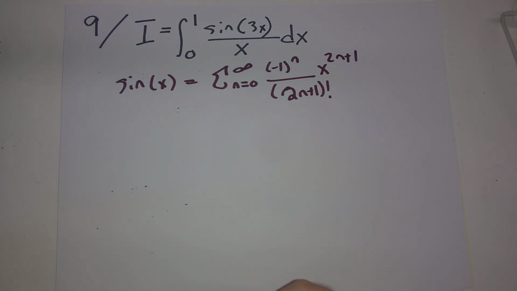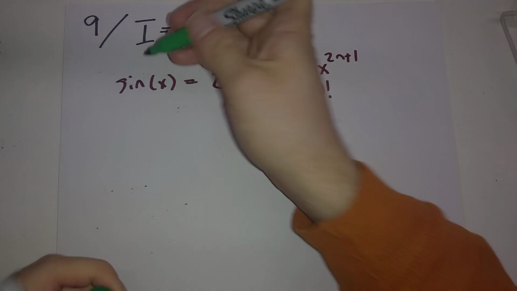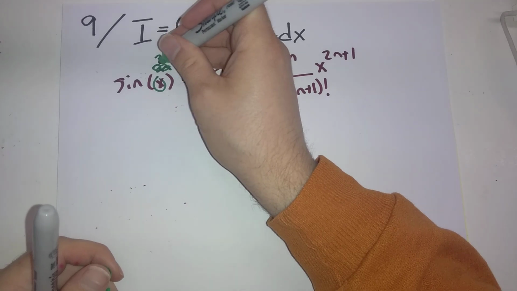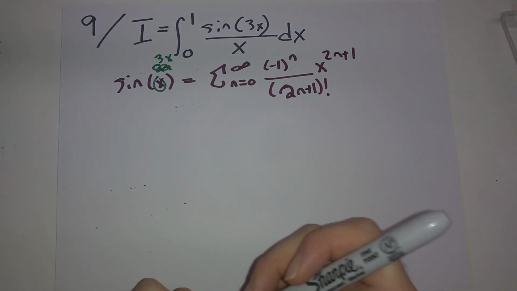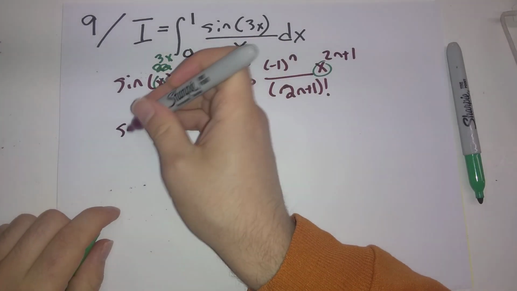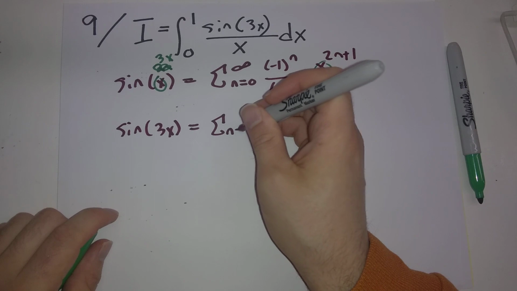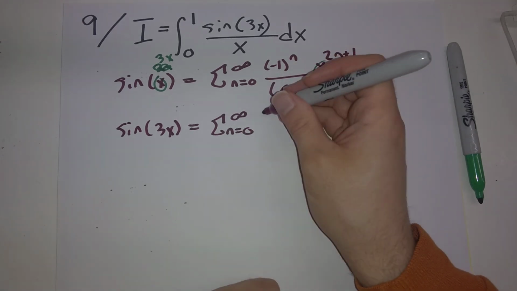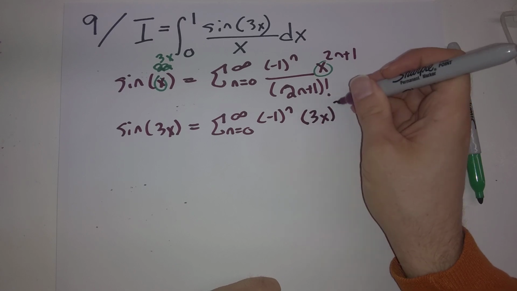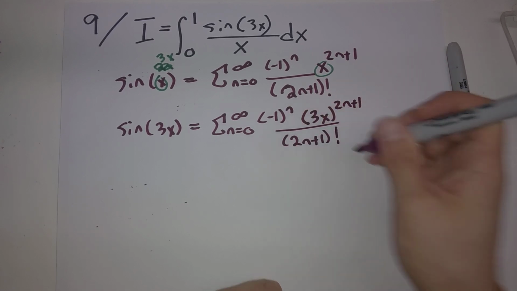Now what we're going to do is replace x with, not 2x, but 3x here. And that will change over there. So we end up with sine of 3x is the sum of n from 0 to infinity of minus 1 to the n, 3x to the 2n plus 1 divided by 2n plus 1 factorial.